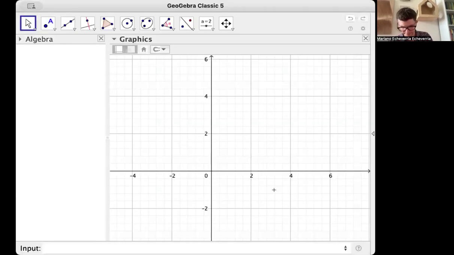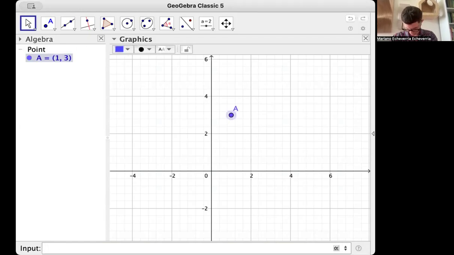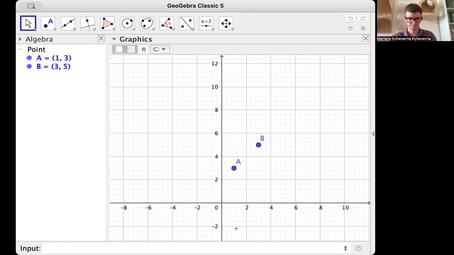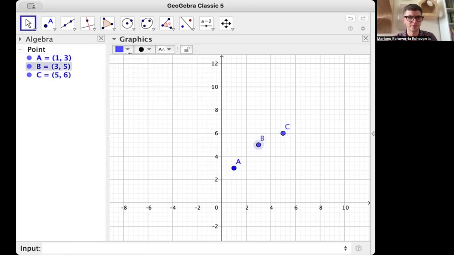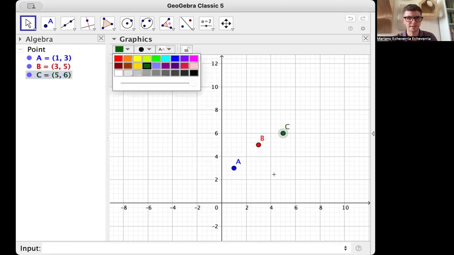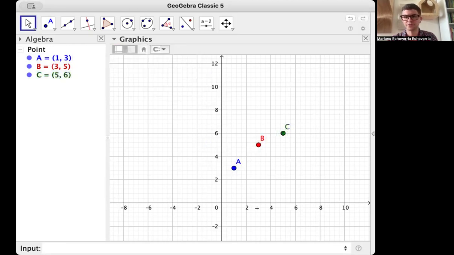Okay, so what's going on here? Maybe it's good to summarize what's happening for a moment. The points that I was trying to interpolate were (1, 3), (3, 4), and (5, 6). Let me use different colors. This is the first one, this is the second one, and this is the third one. So those are the 3 points.